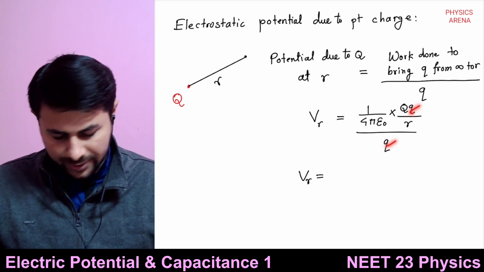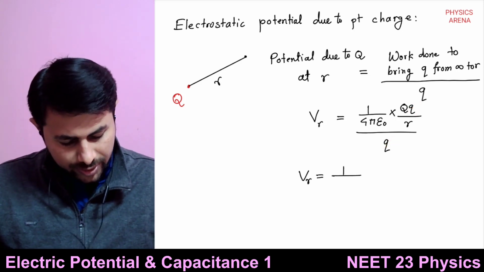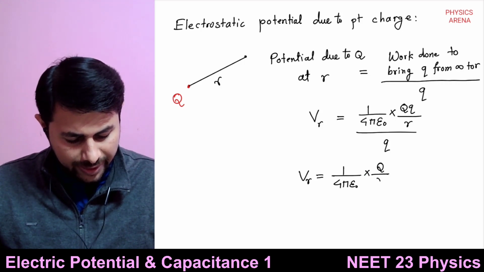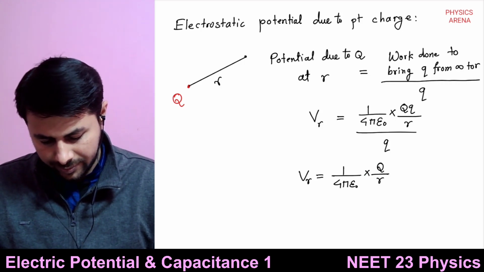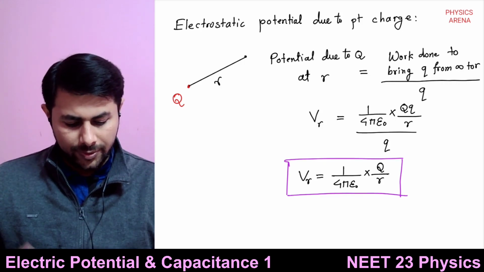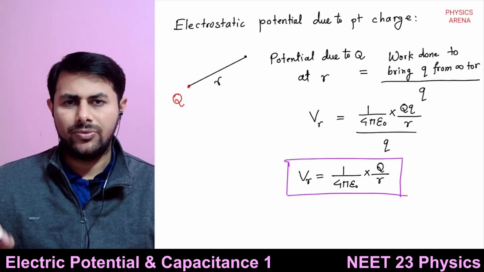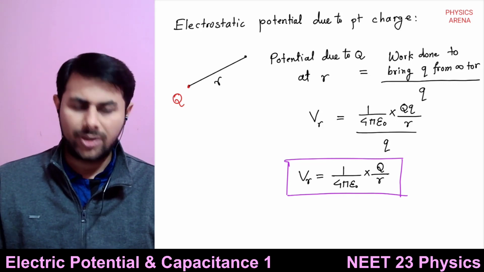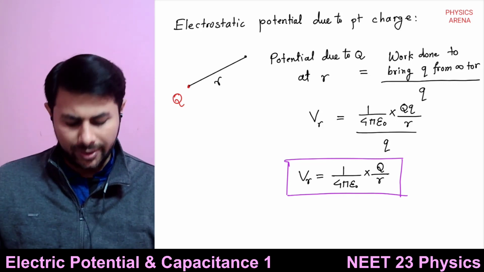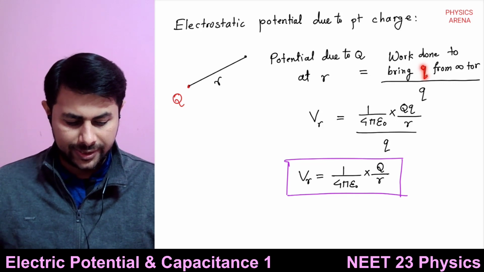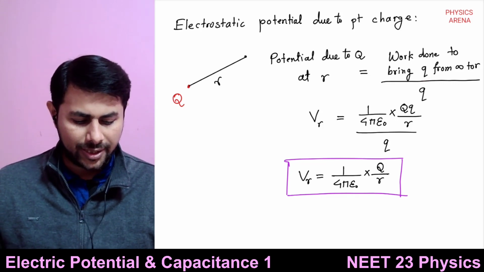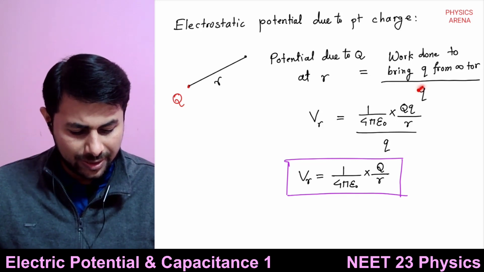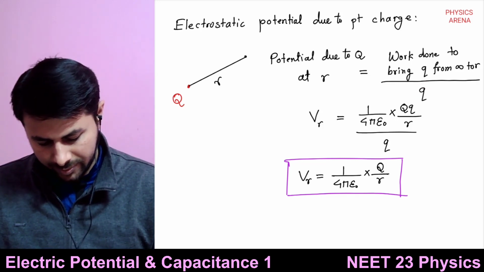This q and q get cancelled out. So it is 1 upon 4 pi epsilon naught multiplied by capital Q divided by r. So this is potential due to one charge. Okay, work done to bring charge small q from infinity to r, and the small q is known as test charge. It is generally taken as a small positive test charge, divided by charge small q.